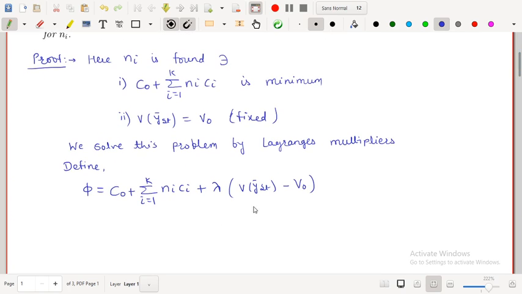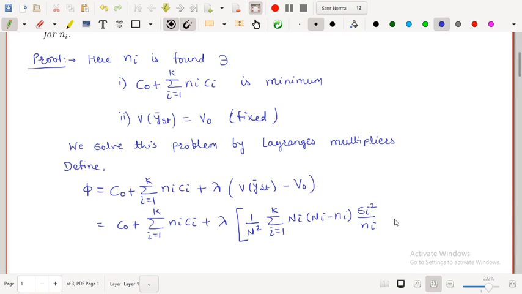We know the formula for variance of y bar st. Put here the formula of variance of y bar st. So C0 plus summation i running from 1 to k Ni Ci plus lambda into the formula for variance of y bar st, which is 1 upon n square summation i running from 1 to k Ni into Ni minus Ni Si square upon Ni, minus this v0.